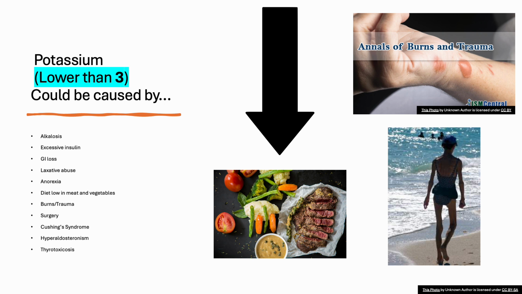Decreased potassium levels will be seen in alkalosis, excessive insulin, GI loss, laxative abuse, burns, trauma, surgery, Cushing syndrome, hyperaldosteronism, thyrotoxicosis, anorexia nervosa, and a diet deficient in meat and vegetables.